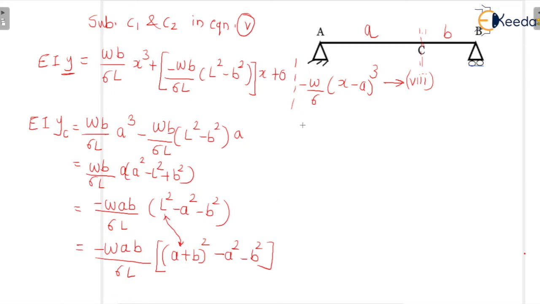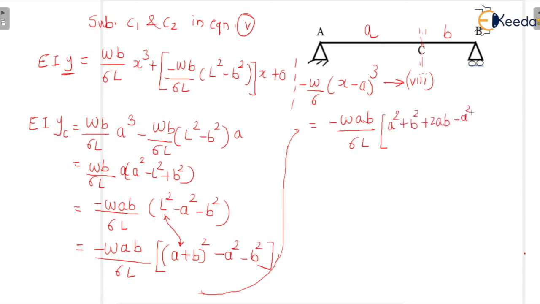Then further we can write this as minus WAB by 6L, then A plus B square is nothing but A square plus B square plus 2AB minus A square minus B square. You can cancel these terms and arrive at 2AB.